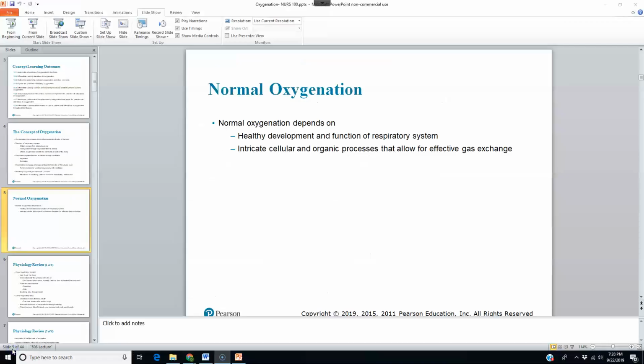And normal oxygenation depends on two factors: healthy development and function of the respiratory system, and intricate cellular and organic processes that allow for effective gas exchange.